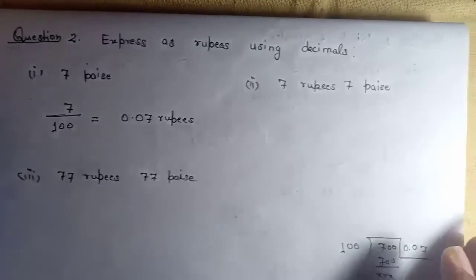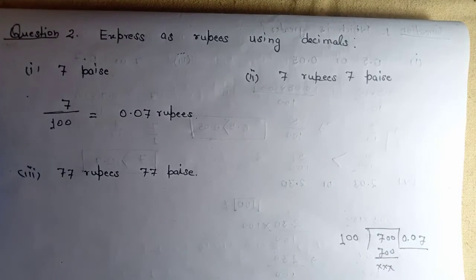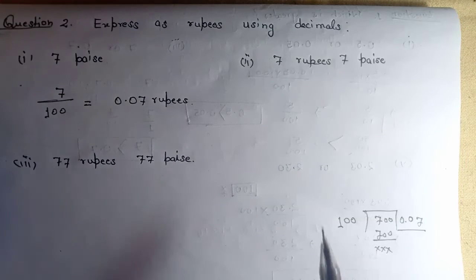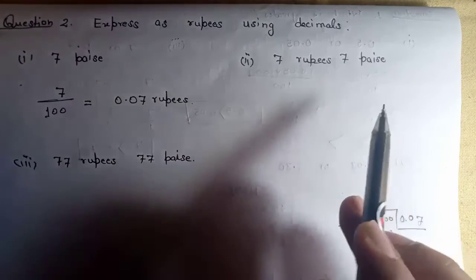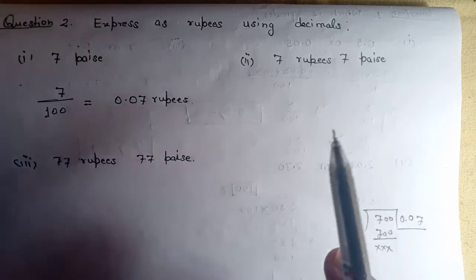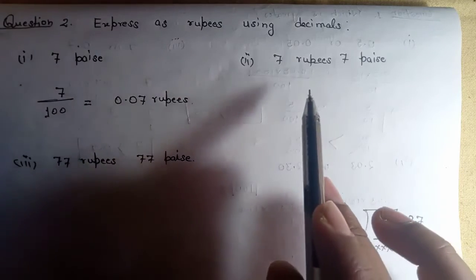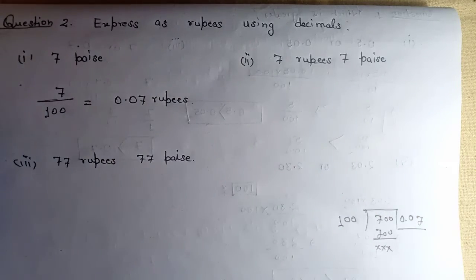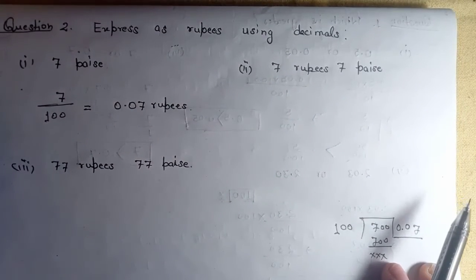We have another question. 7 rupees 7 paise. It means you have to calculate the total amount in rupees, and in this case you have to add rupees and rupees, but here it is rupees and paise. What to do? So let the rupees be rupees, do not disturb that.